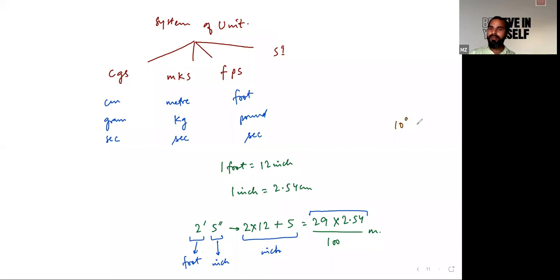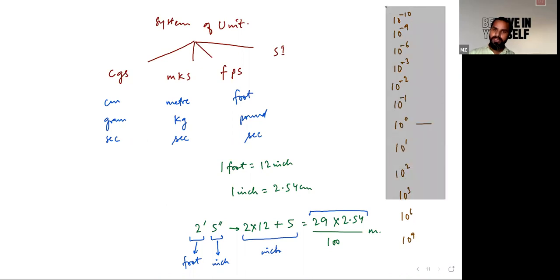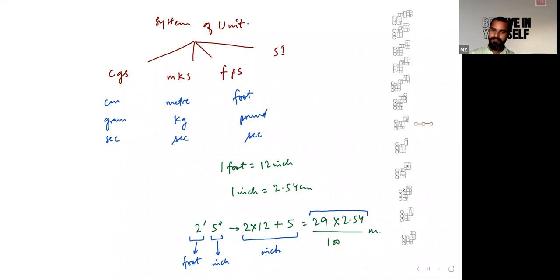If you have 10 raised to the power 0, 10 to the power minus 1, minus 2, minus 3, minus 6, minus 9, minus 10, minus 12, and so on. Similarly, 10 to the power plus 1, 2, 3, 6, 9, and so on.